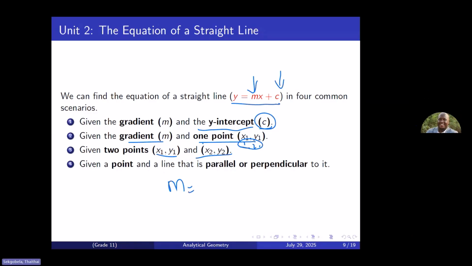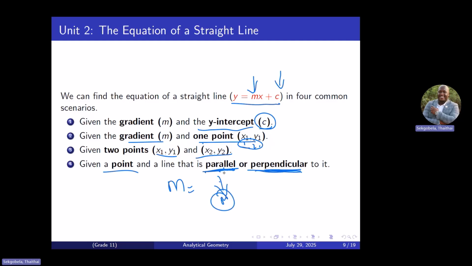And then, given a point and a line that is perpendicular or parallel to it: if you are given a point and a line that is parallel or perpendicular, the equation of the line is given, meaning your gradient is given.